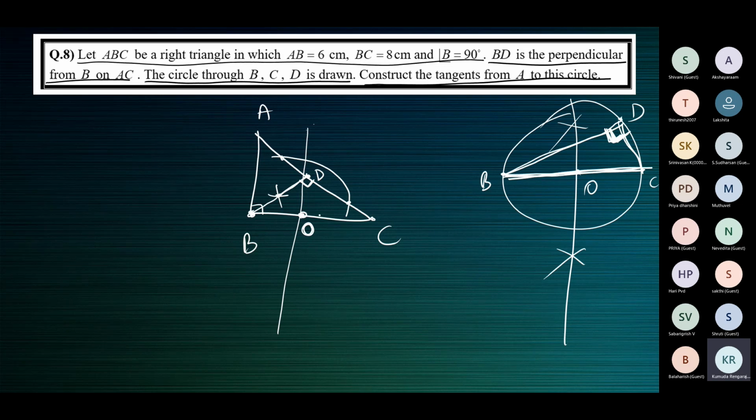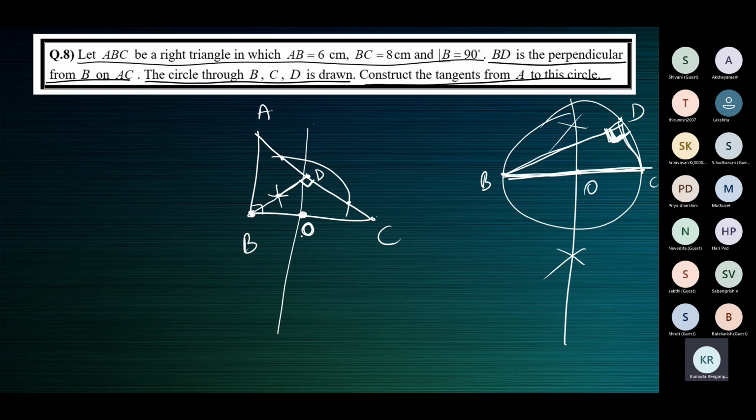Now, how will you draw the circle? For the circle, you need 2 things: the center and the radius. If you have these 2 things, you can draw the circle. So center is O. Then what should be the radius?